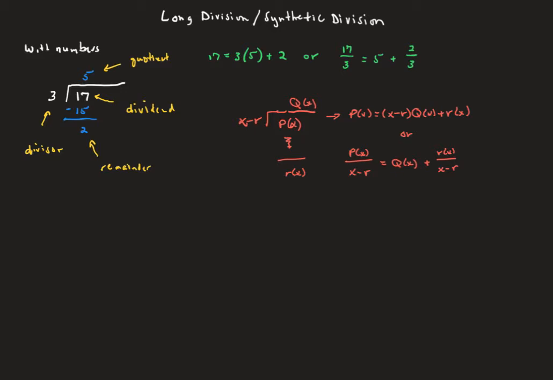So I'm going to go to a new page because I want to compare this with synthetic division as well. We're going to start with our long division. We're going to go x minus 3, and we're going to divide that into x to the 3rd minus 2x squared plus 3x minus 4.